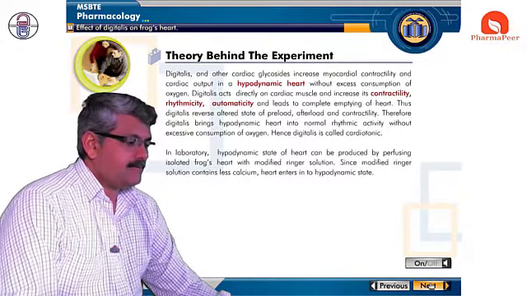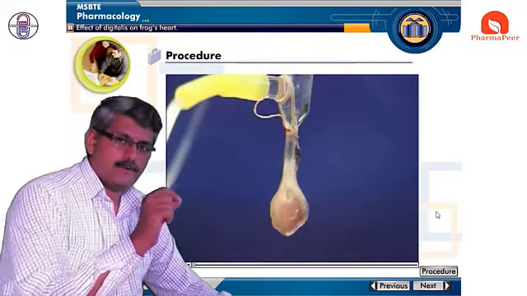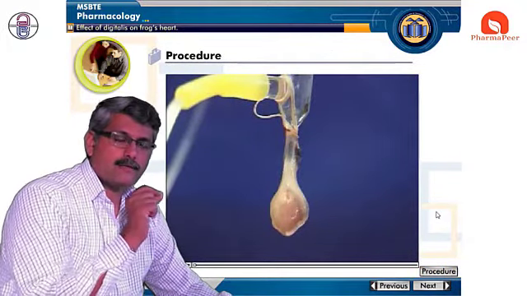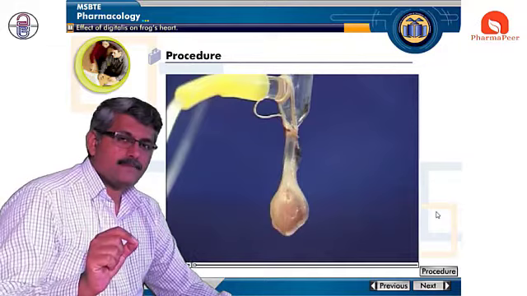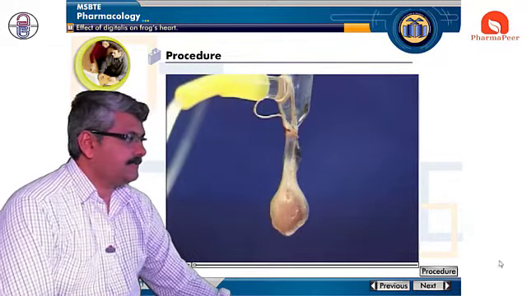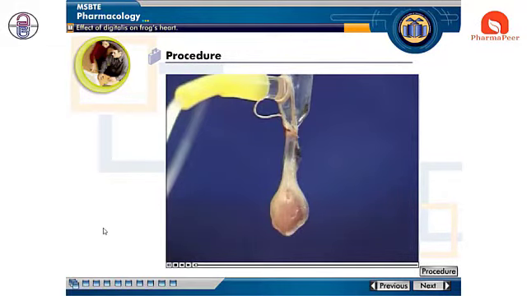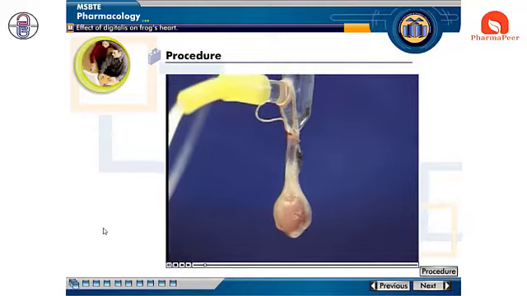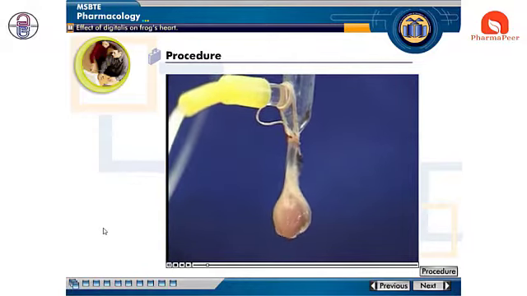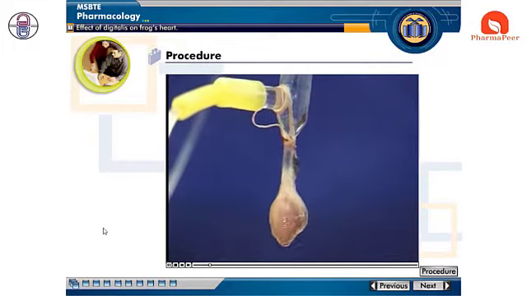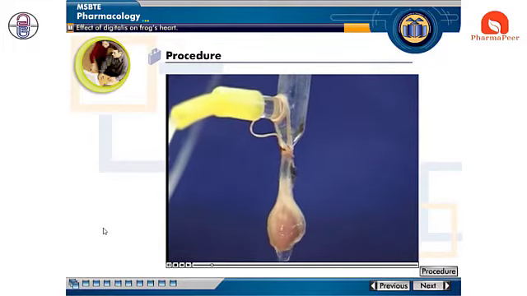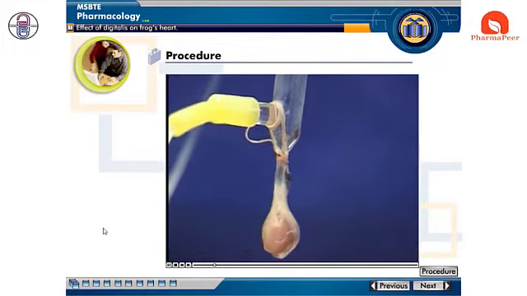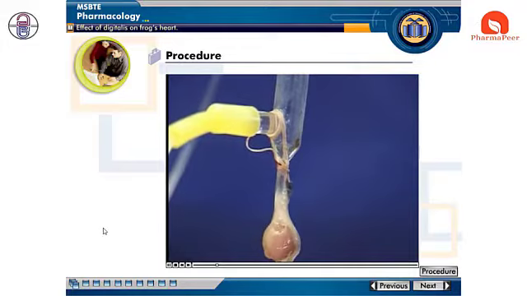Now let's see practically how we could prove that digitalis is a cardiac tonic. We have already learned the isolation technique of the frog's heart preparation. To study the effect of digitalis on the frog's heart, perfuse the heart with normal frog Ringer solution.